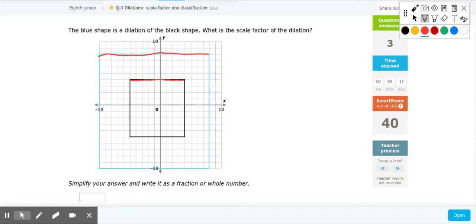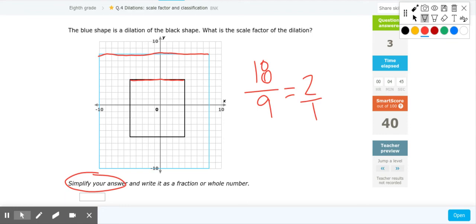That goes 10, 11, 18. So that is a side length of 18. And our pre-image is a side length of 9. If we simplify that, because remember it says simplify your answers, so make sure you read the directions, that's going to be a 2 or 2/1.